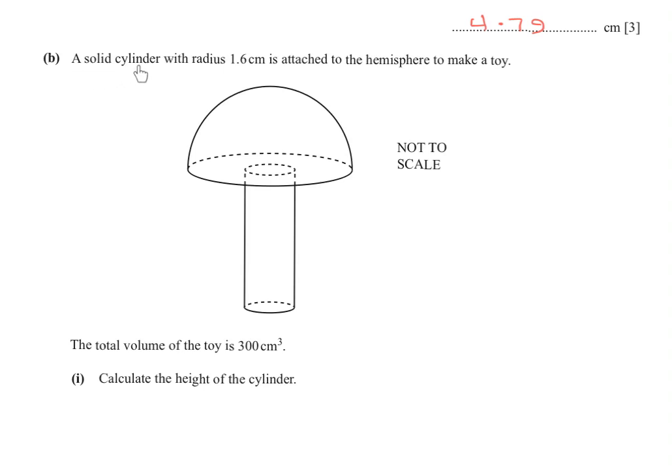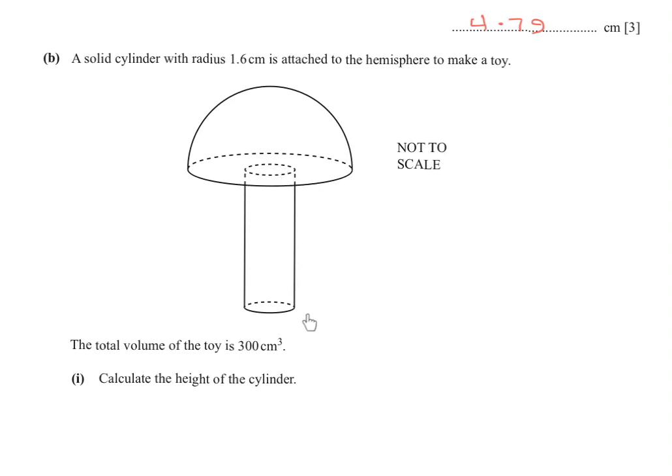B. A solid cylinder with radius 1.6 centimeters is attached to the hemisphere to make a toy. The total volume of the toy is 300 centimeters cubed. Calculate the height of the cylinder. The volume of the hemisphere is 230, from part A, and the radius of the cylinder is 1.6.